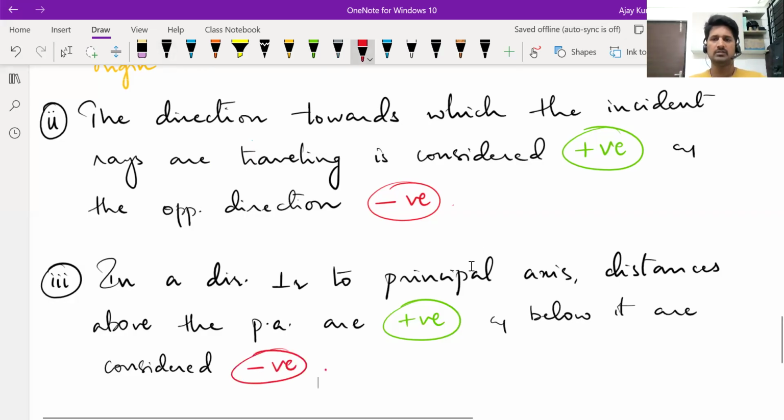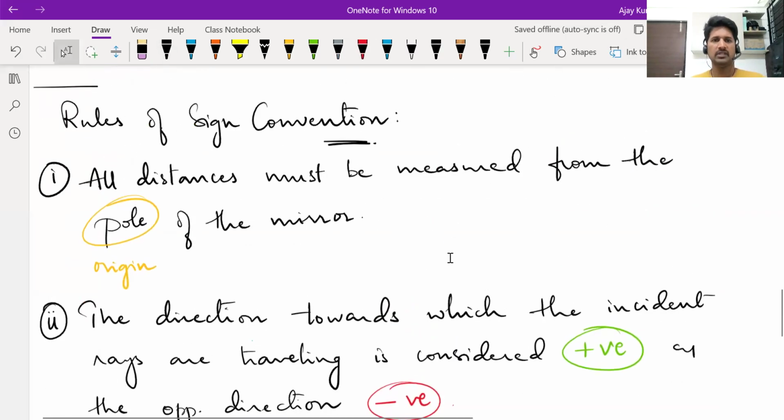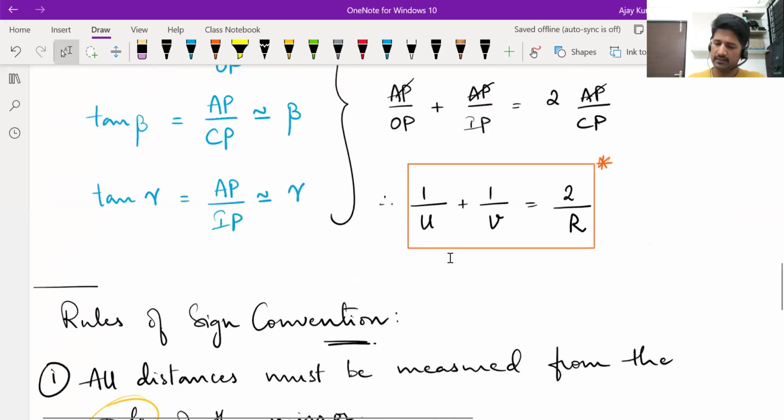If you follow these three rules and substitute distances, then this same formula 1 by v plus 1 by u is equal to 2 by r becomes applicable to any kind of mirror, any kind of object.